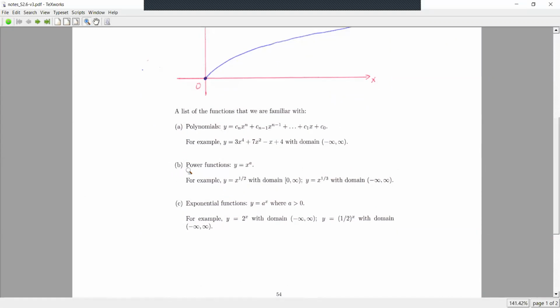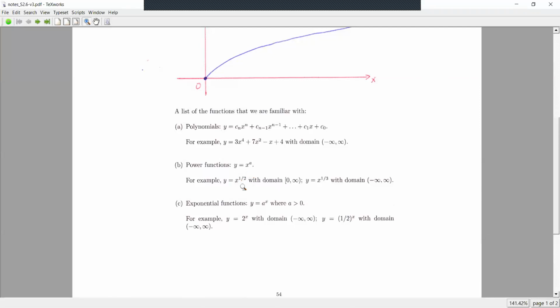B, power functions. X to A, where A is a constant. For example, x squared, power function. X to the third, power function. X to 1/2, power function. X to 1/2 is square root of x.